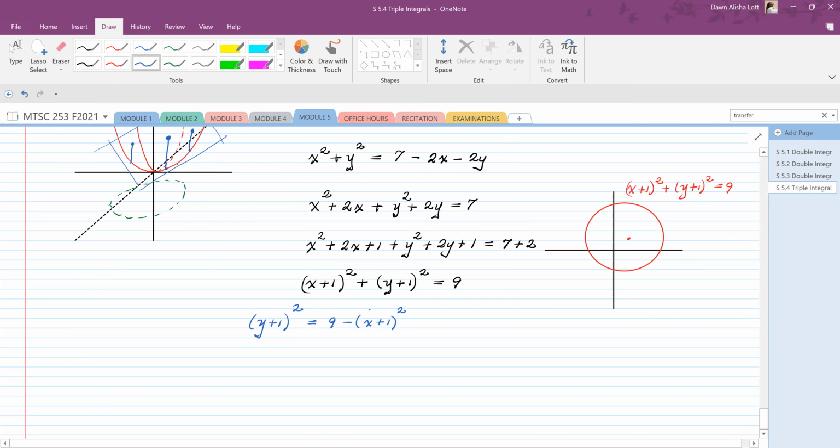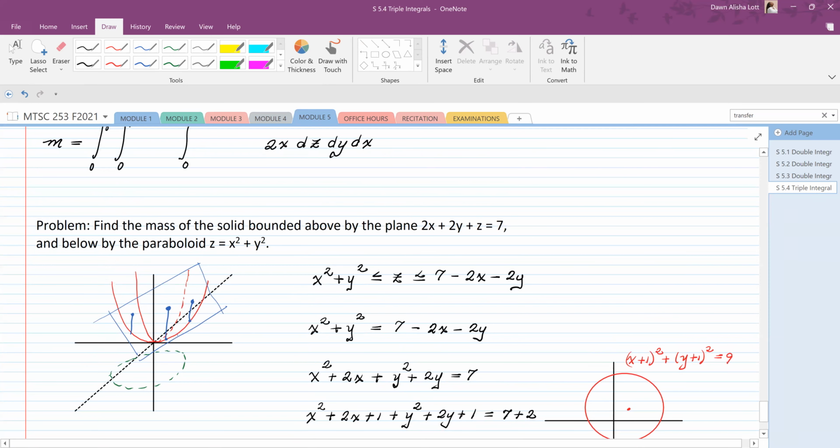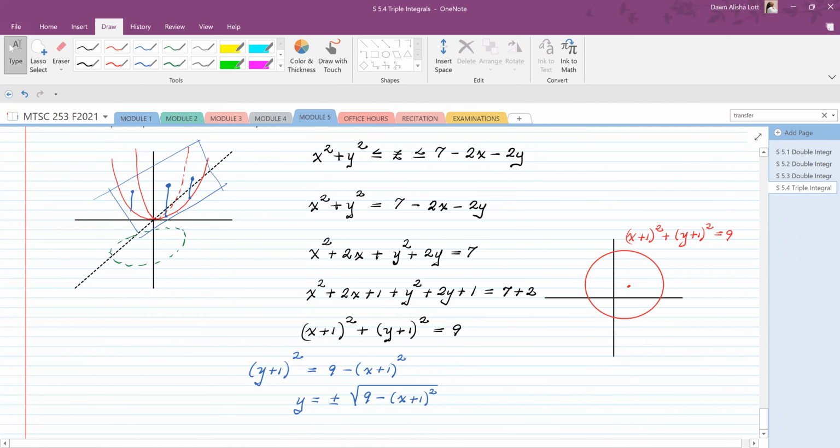Now that looks right. So y plus 1 is equal to plus or minus the square root of 9 minus (x plus 1) squared. Then we have to subtract 1.